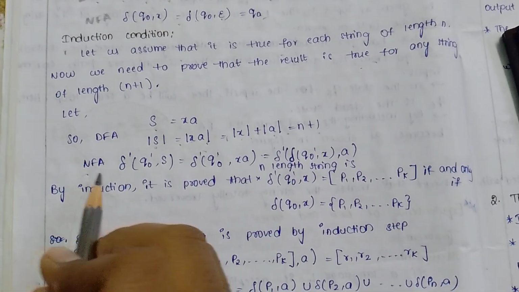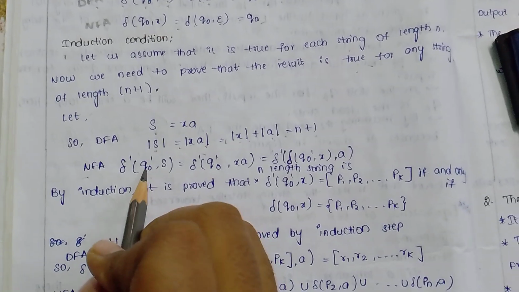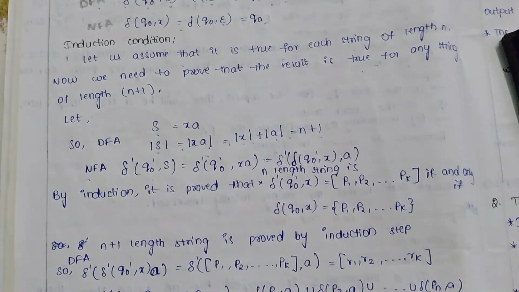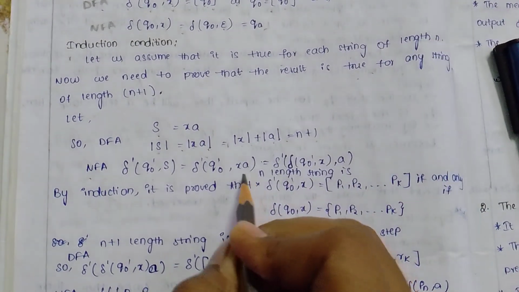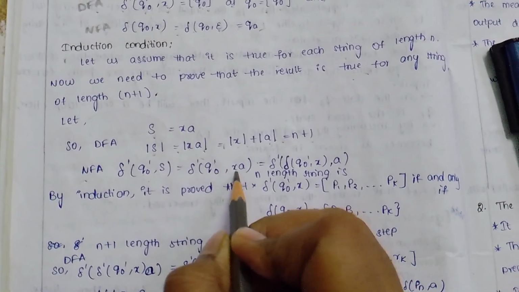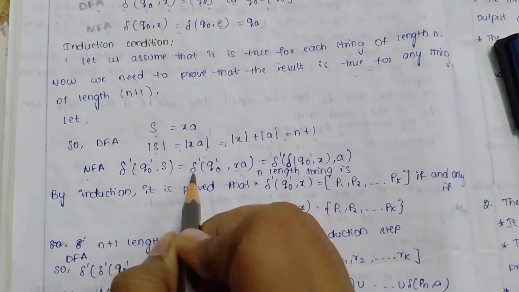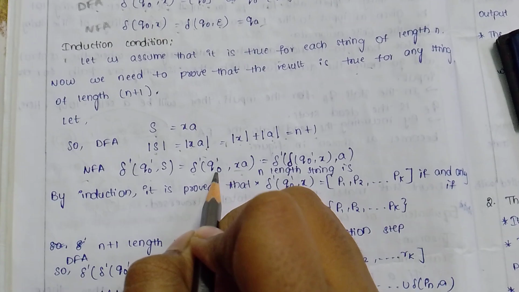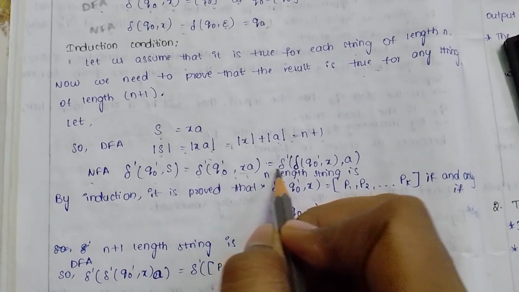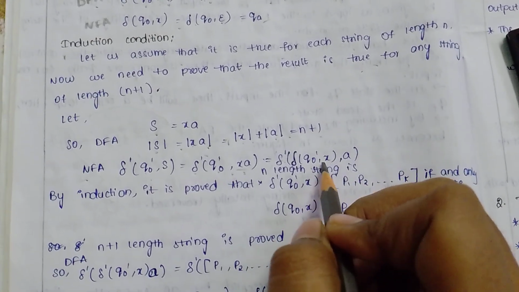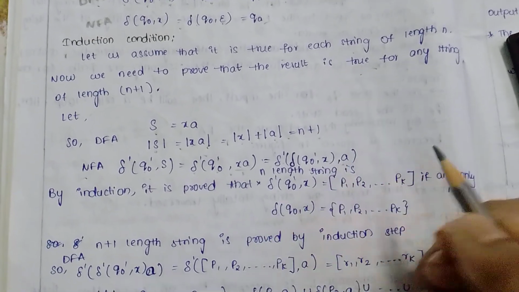In the NFA, δ' of q0', s, in the s place we have to substitute the s value. What is the s value? xa. So δ' of q0', xa equals δ' of q0', x, a.